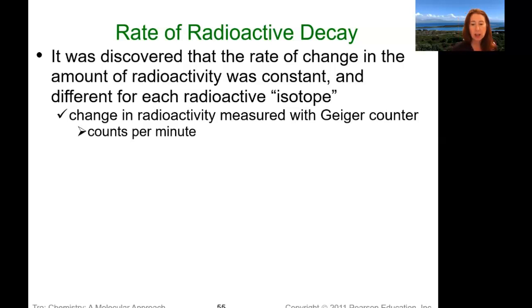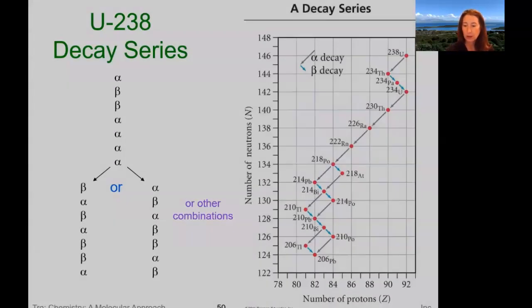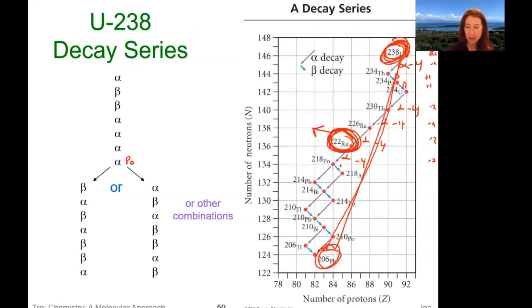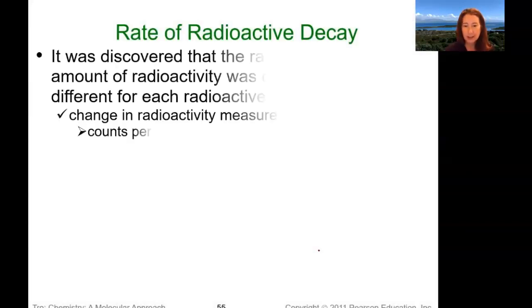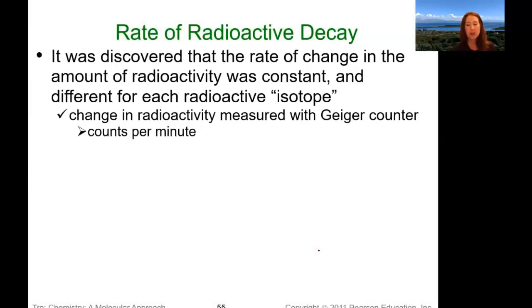Okay, so now let's talk about the rate of radioactive decay. So how fast does this happen? I told you from here to here is 1 billion years. How do we figure that out? That's what we're going to do right now. So again, it was discovered that the rate of change and the amount of radioactivity is constant for each isotope, so it never changes.